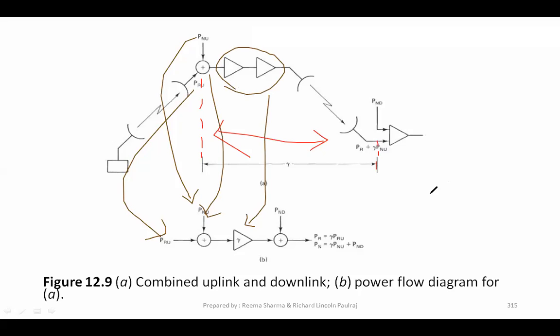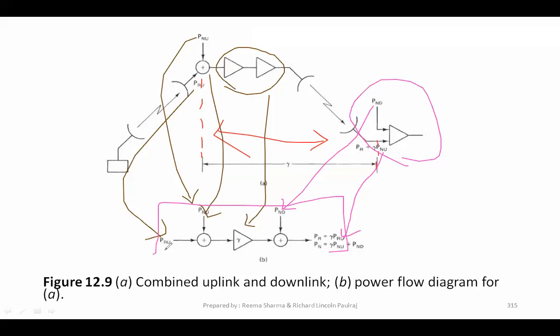At the end, for this section, we take it as an additive noise, PND, which is nothing but the noise power, gamma times PNU plus PN. So all these factors are modeled, and you can take this as a simple block diagram.